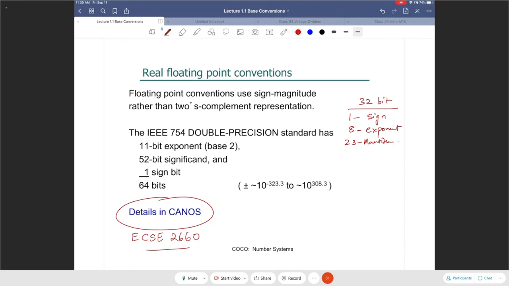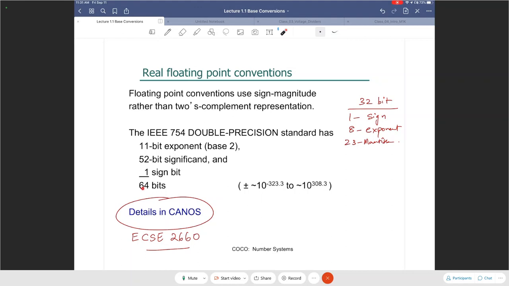For the 64-bit format, I just want to show you that with more bits, you can get a very, very precise number. With 64 bits, the range of numbers you can represent goes from plus or minus 10 raised to negative 323 to 10 raised to positive 308, so a very, very big range. Yes, next semester.